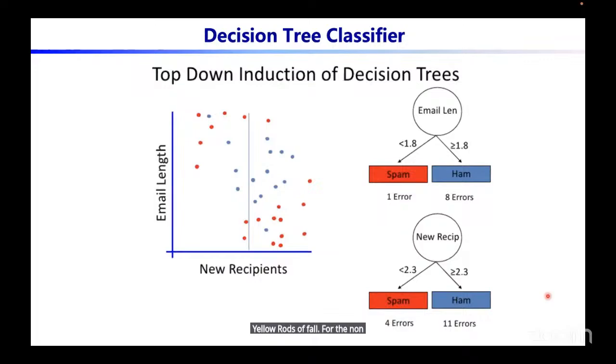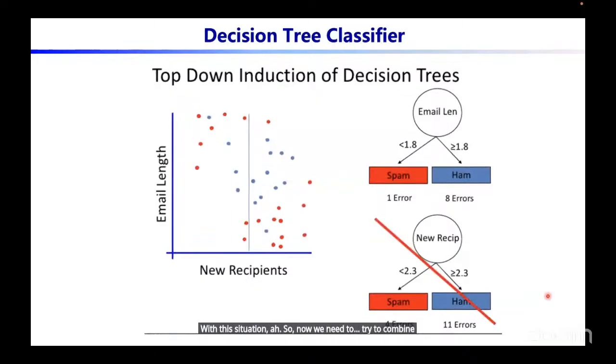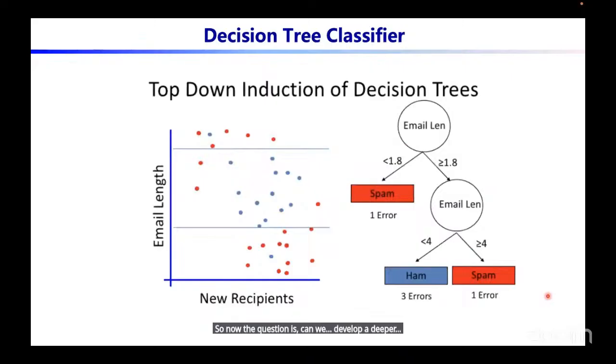So we can see that both decision trees have errors. So how can we deal with this situation? Now we need to try to combine both. Obviously we know the second one is actually worse. So now the question is, can we develop a deeper decision tree?